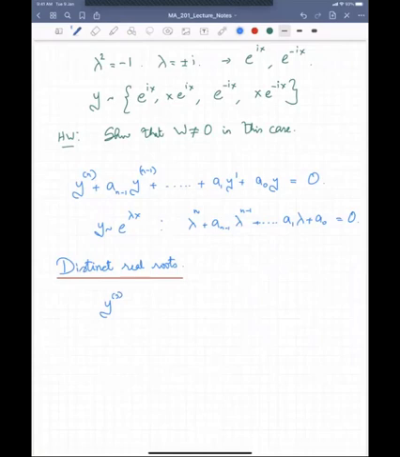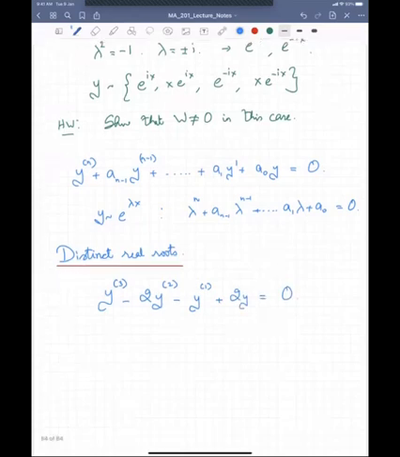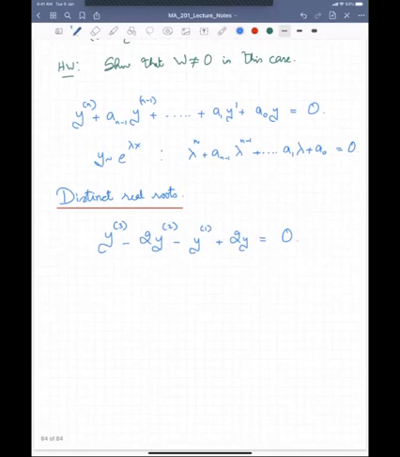Is the handwriting legible? I should make this slightly bigger. y3 minus 2 y2 minus y1 plus 2y equals 0. Written in the entire gory form, this means d cubed y over dx cubed minus 2 d squared y over dx squared minus dy/dx plus 2y equals 0.